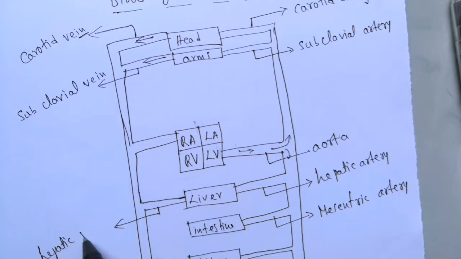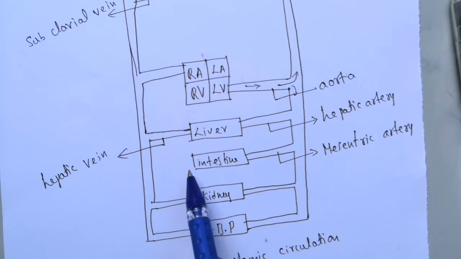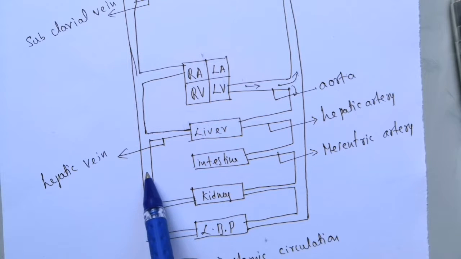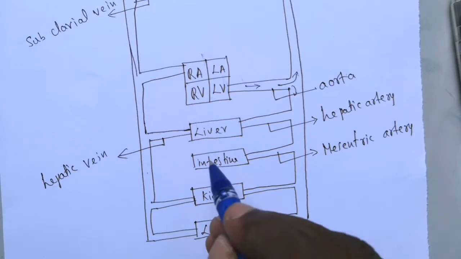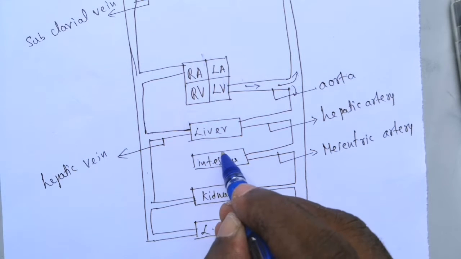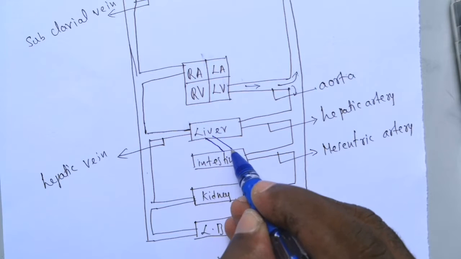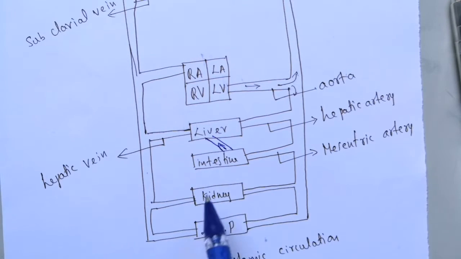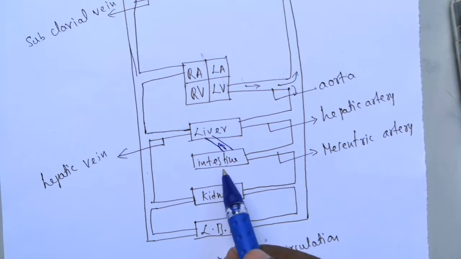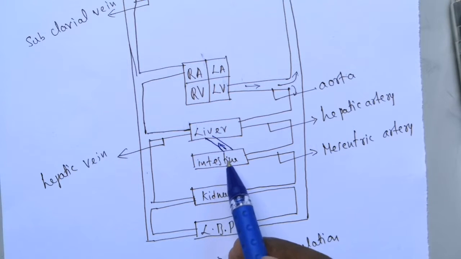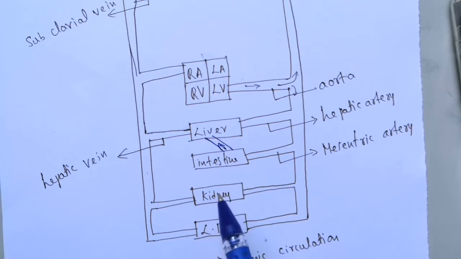hepatic vein. So you can observe that there is no blood vessel from the intestine to the main vein. So here we can say the blood going from the intestine directly goes to liver. Why to the liver? The blood, when it is going from intestine to the liver, it may contain high amount of amino acids, high amount of fatty acids, high amount of glucose.